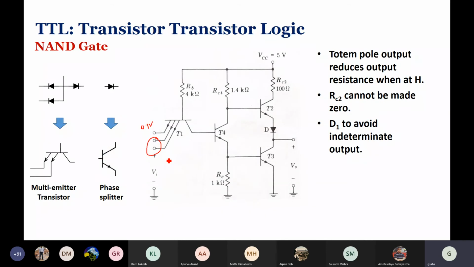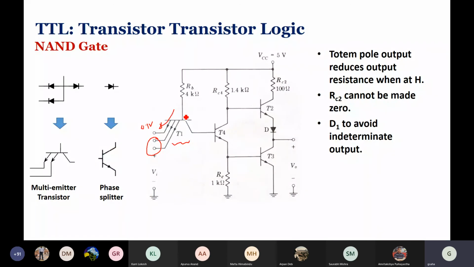A very large amount of current flows, because with 0.1 volt this T1 will be in saturation. The collector is connected to the base, so the collector current will be the leakage current or very negligible. So the emitter current consists of base current only, and it will be deep into saturation.